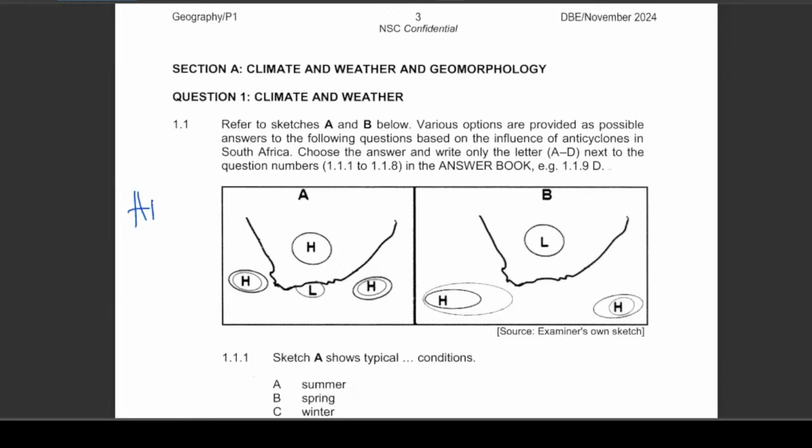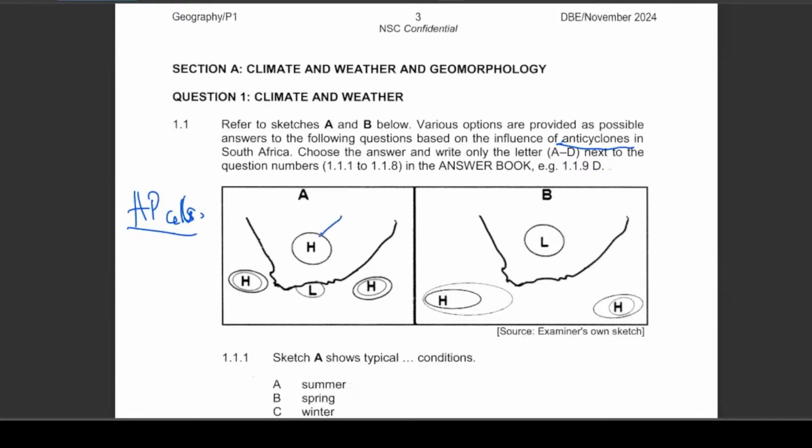We're talking about high pressure cells. A high pressure cell is typically an anticyclone. So the question here is based on anticyclones, which means we are referring to the high pressure cells.